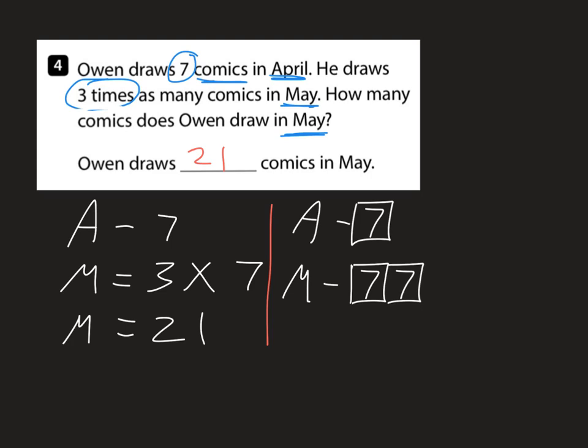And finally, there's 3 times as many. So now we can do our multiples of 7. 7, 14, 21. So I know that in May, he has drawn 21 comics, which is 1, 2, 3 times as many as 7.